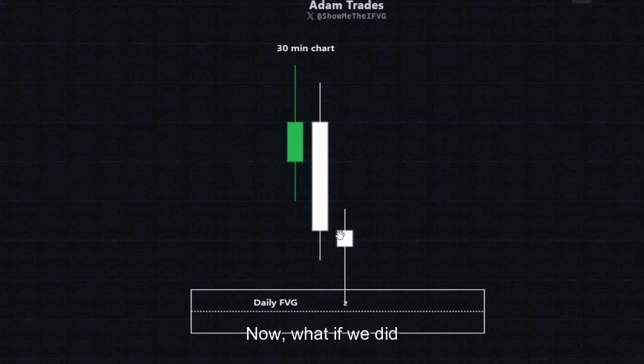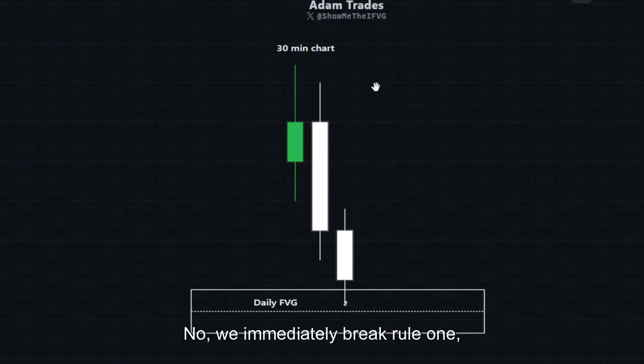Now, what if we did that? No, we immediately break rule 1, which is a close back within the range. The close of this candle is below the low of this candle. So in this case, we still would want to wait.